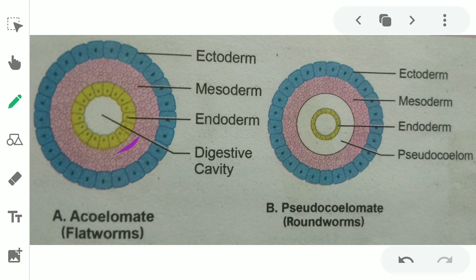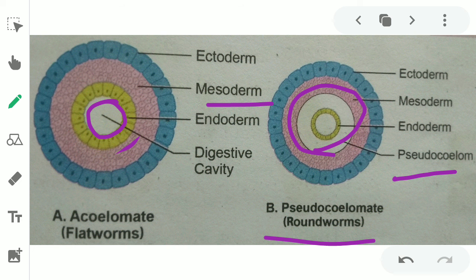Now see the acoelomate. Coelom separates the digestive system from the body wall. Here are ectoderm, endoderm and mesoderm. The digestive cavity is in the center. So here there is no coelom. Coelom is absent. Here, pseudocoelomate. Pseudo means false. Ectoderm, mesoderm and endoderm, pseudocoelomate.